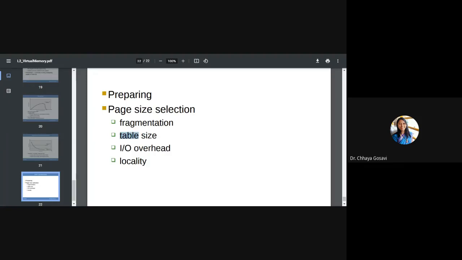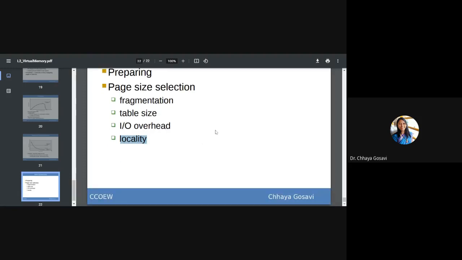Suppose I have 4 pages loaded into main memory, then all those 4 pages should be in the page table, so the size of the page table depends upon page size. Then input/output overhead and locality. Locality means in which part of memory the page, the frame, and the page table are stored.